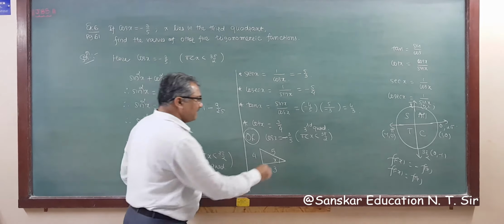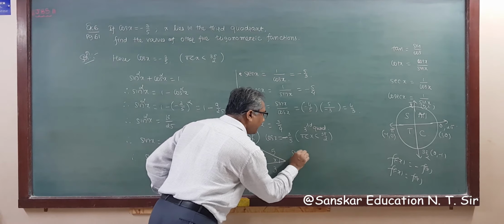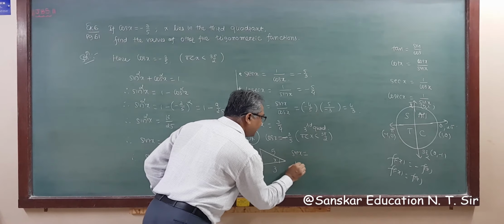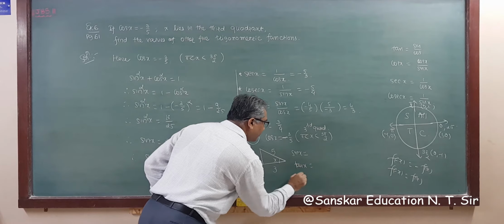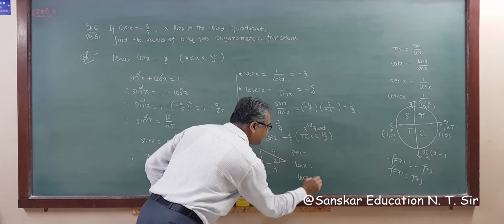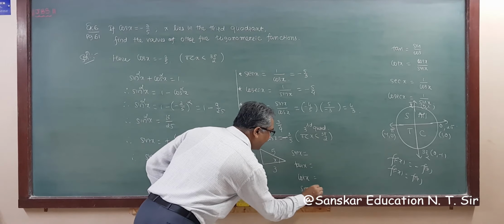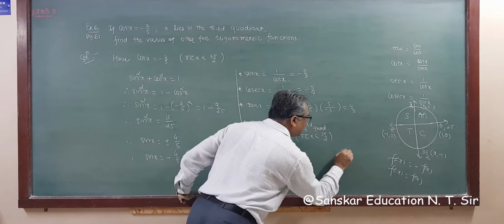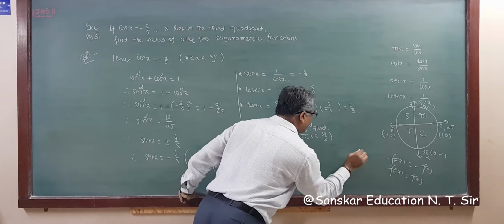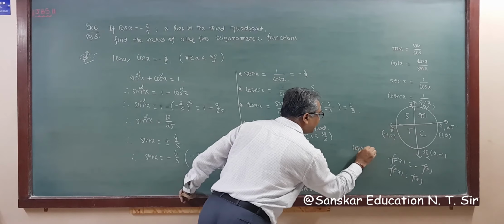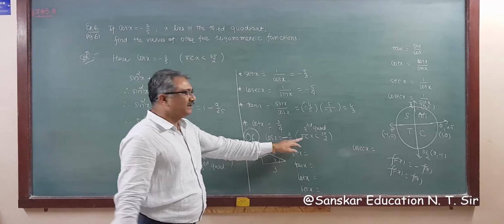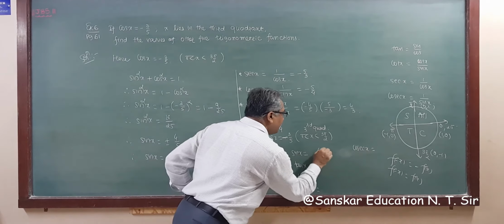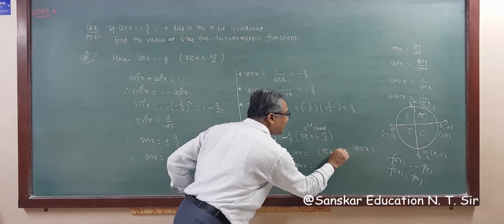Now sin x is equal to, then tan x, then cot, then sec, and the one remaining, I am writing here, cosec x. Now it is given third quadrant, so pi less than x less than 3 pi by 2.